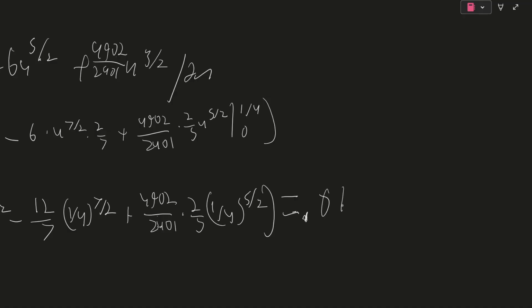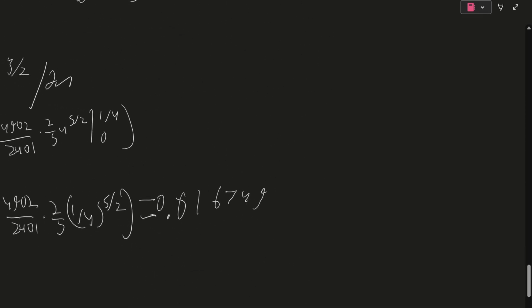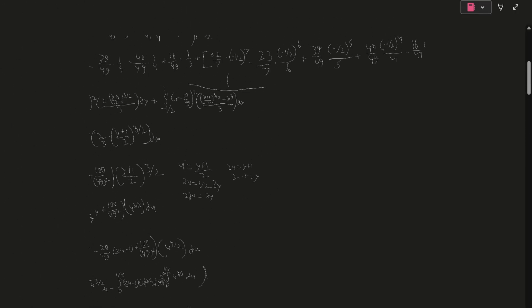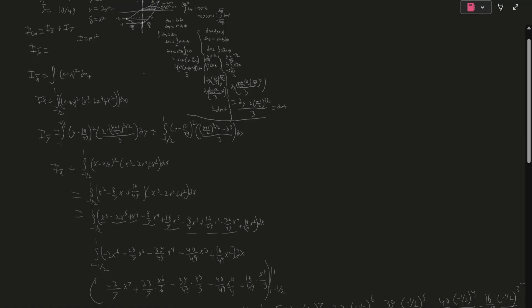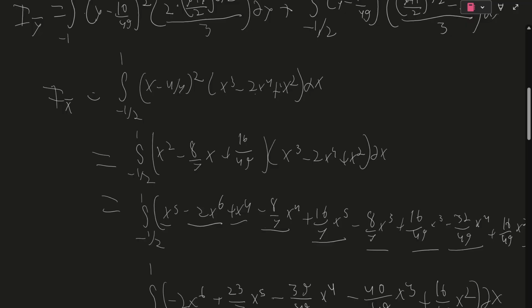So we have 0.016674, and then the next term is 9, so we round up. And that is our first integral solved. Alrighty. Now we will solve the second integral.